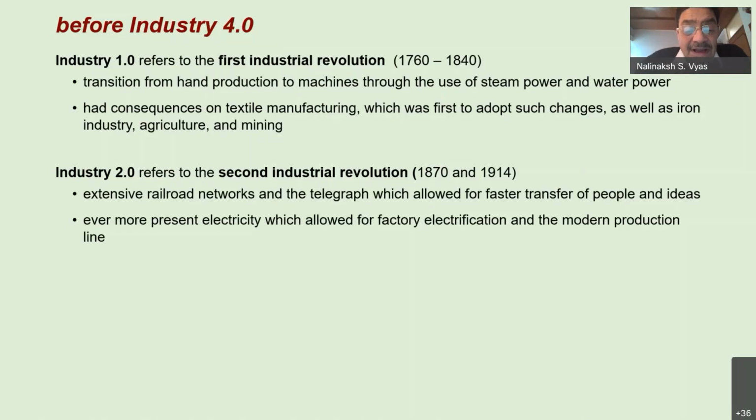Even more important, electricity, which allowed factory electrification and the modern production line. So railroad networks and the invention of electricity and telegraph allowed faster transfer of people, faster transfer of ideas, electrification of factories, and the laying down of a modern production line.